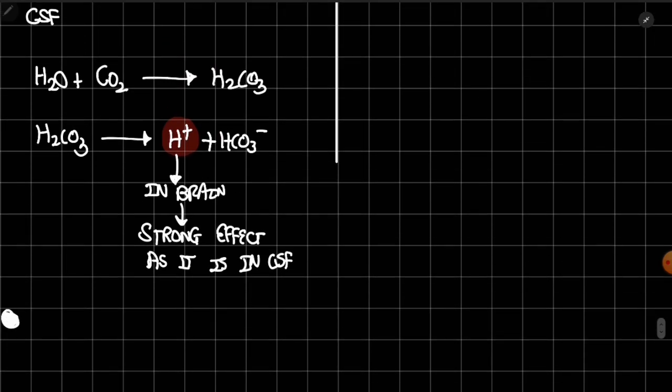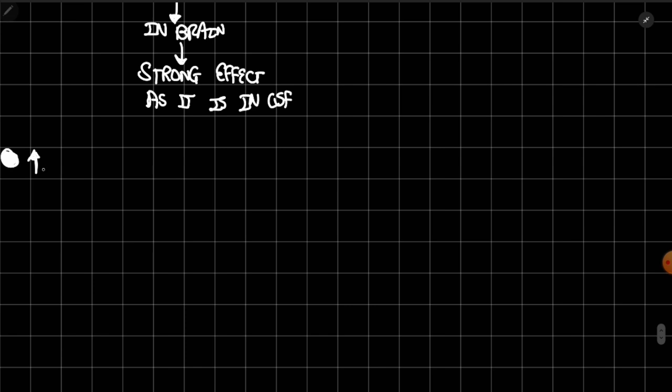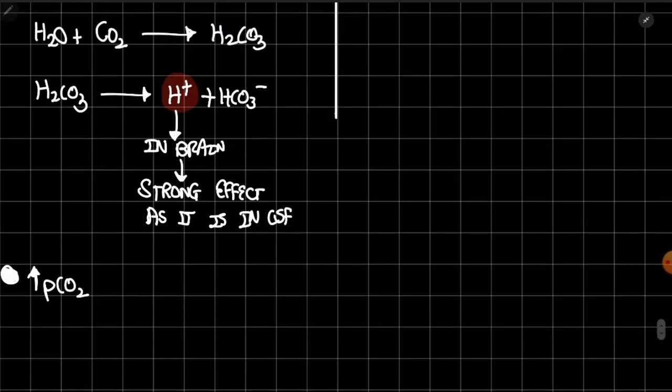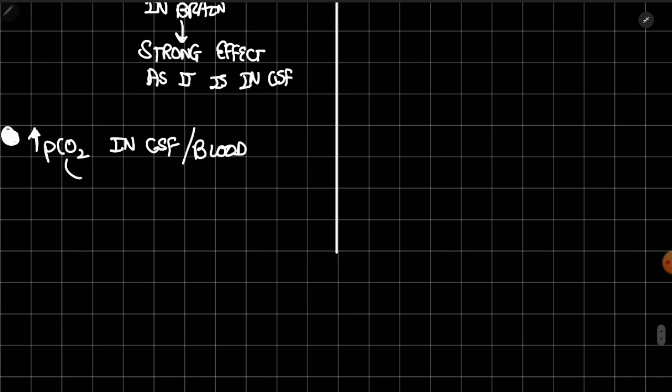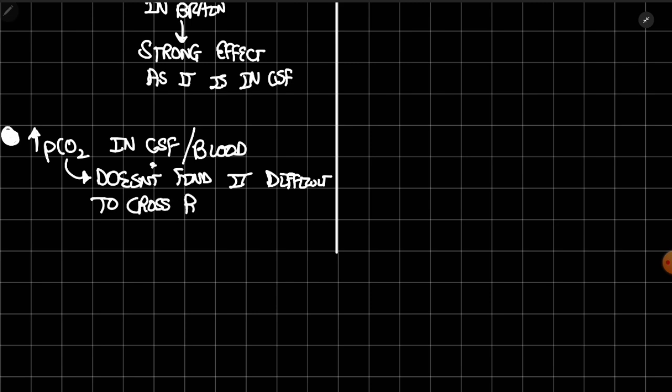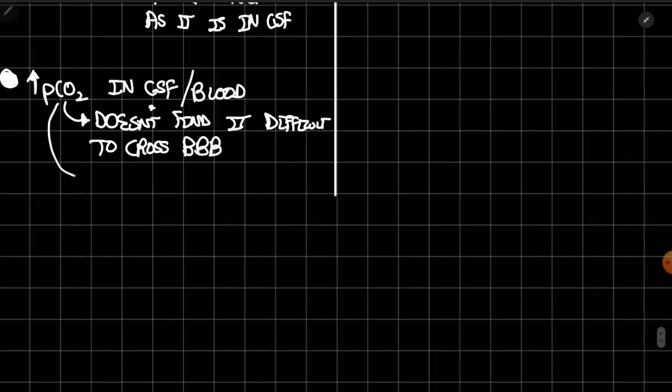So now tell me one thing, if there is increased partial pressure of CO2 in CSF or blood, what will happen? The CO2 doesn't find it difficult to cross the blood brain barrier, so it is a direct stimulator.